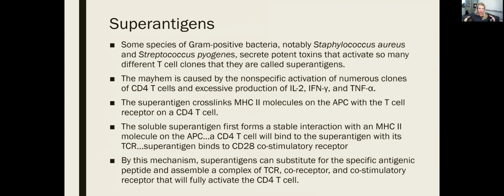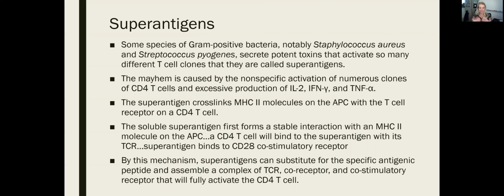But that's not all that happens. The superantigen can also cross-link MHC class II molecules on antigen-presenting cells with the T cell receptor and the CD4 positive T cell. So it acts like the co-stimulatory molecule. It doesn't even make a T cell need that co-stimulation. It simply says, nope, you're activated.